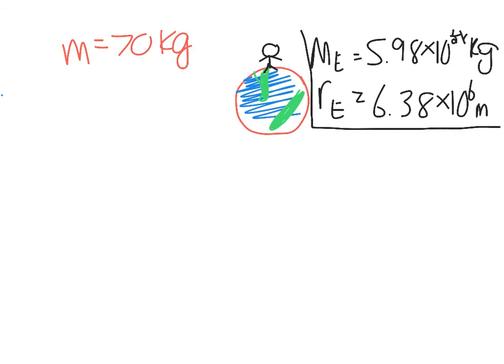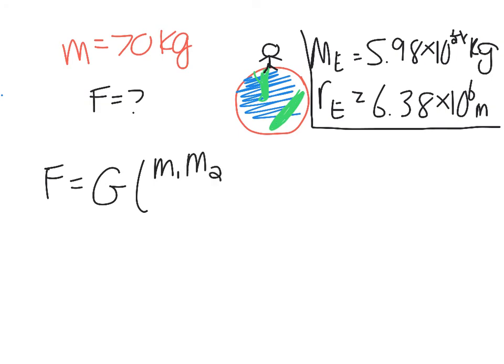So we need to figure out the force between the Earth and the boy. We can use F equals G times m1 m2 over r squared. From here I can plug things in.